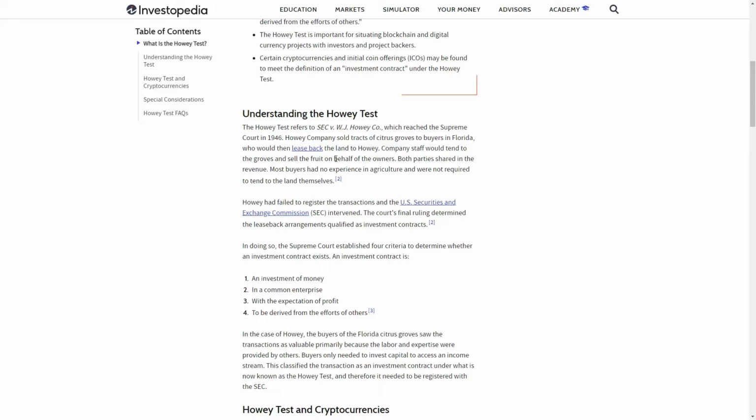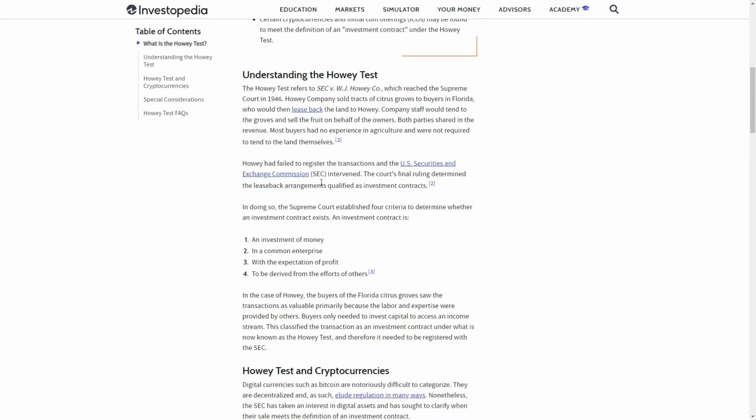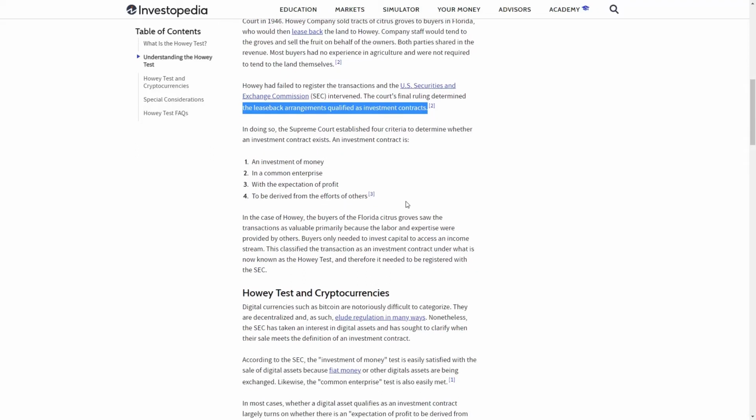Both parties shared in the revenue, and most buyers had no experience in agriculture and were not required to tend the land themselves. Howey had failed to register these transactions with the US Securities and Exchange Commission, and this is when the SEC intervened. The court's final ruling determined the leaseback agreements qualified as investment contracts, aka a security.